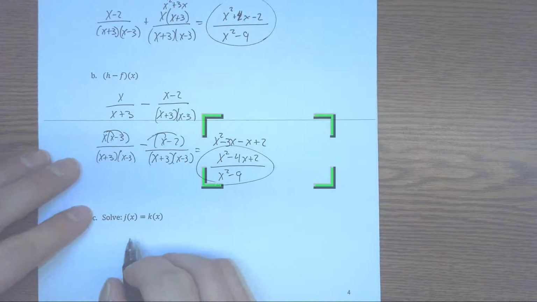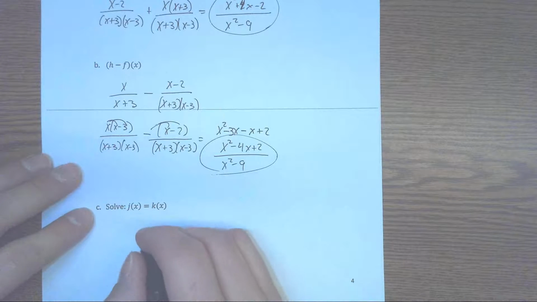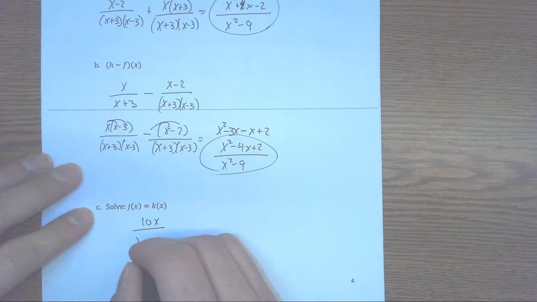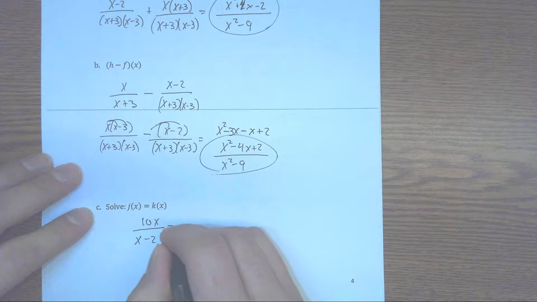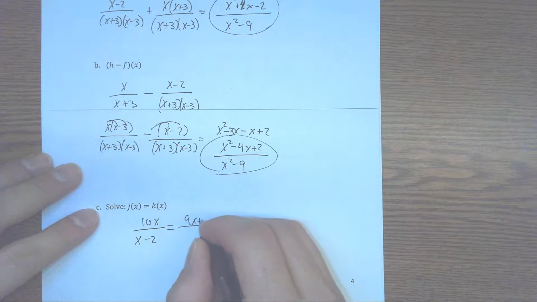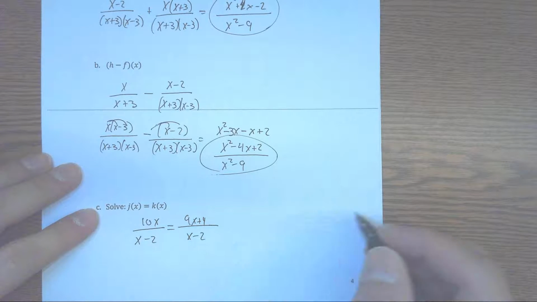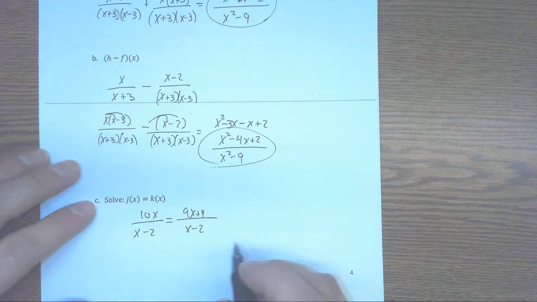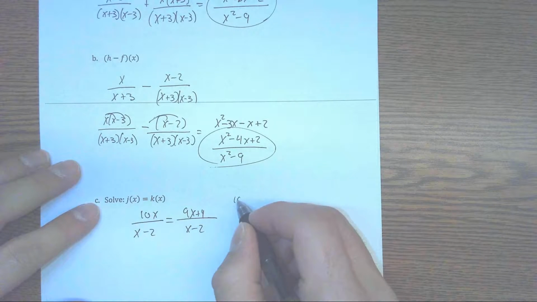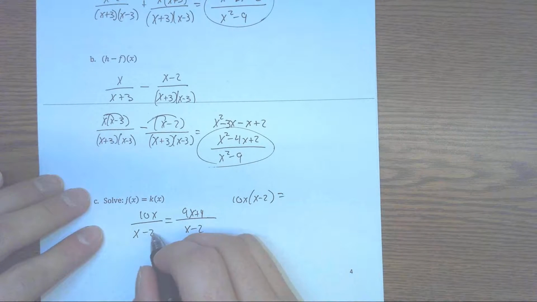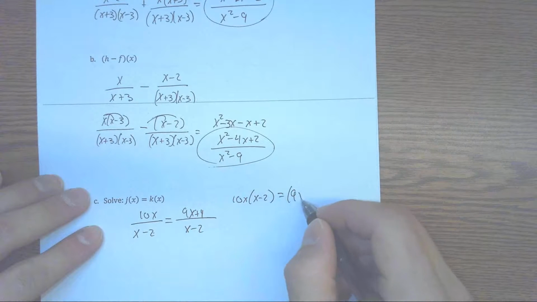All right. Last but not least, we can do one like this, but it's not difficult. 10x over x minus 2 is equal to 9x plus 4 over x minus 2. Okay. From here we cross multiply. Watch. 10x times x minus 2 equals this times this.